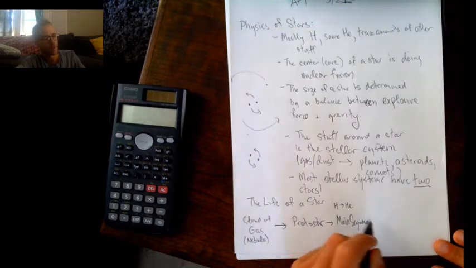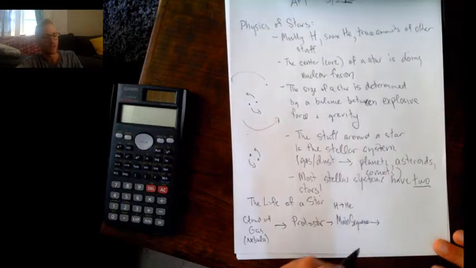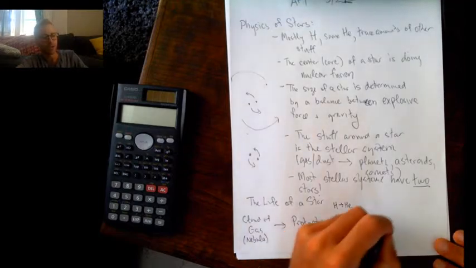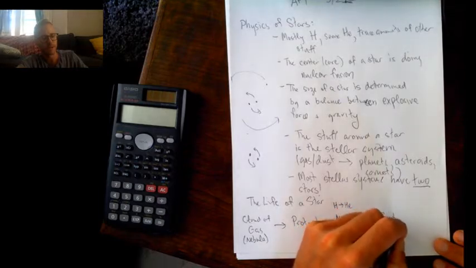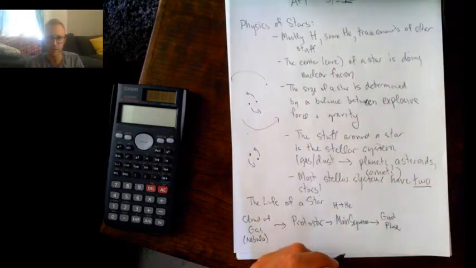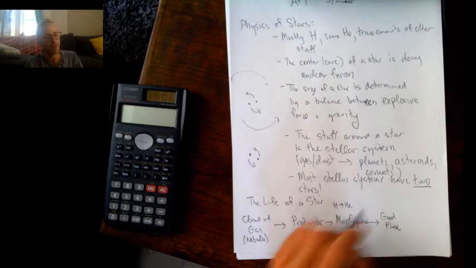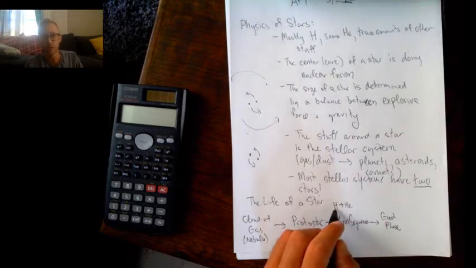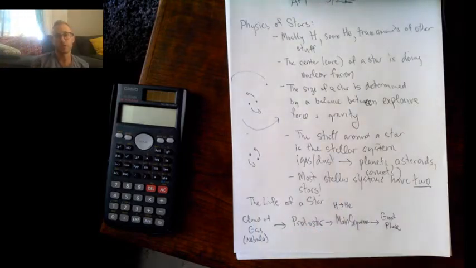Then, once we go past the main sequence, we start to enter what's called the giant phase. Okay? And what triggers the entrance into the giant phase? Basically what happens is, as the core of the star is aging, we're getting more and more helium built up in the core of the star.